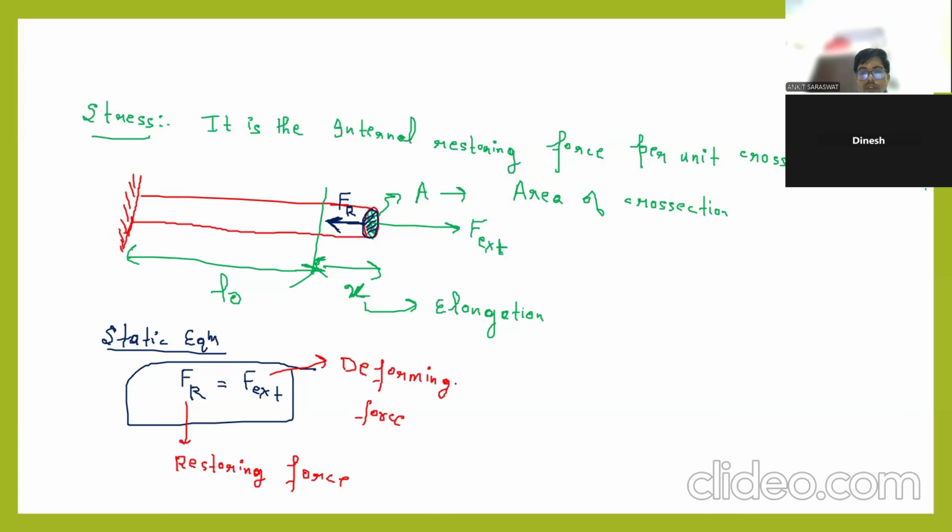If you remove this F external, it will retrace back to its original length because of this FR. This FR will take this rod again to its initial position when you remove or release the deforming force.